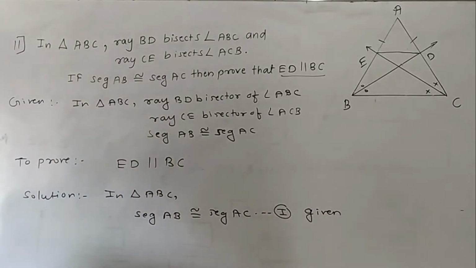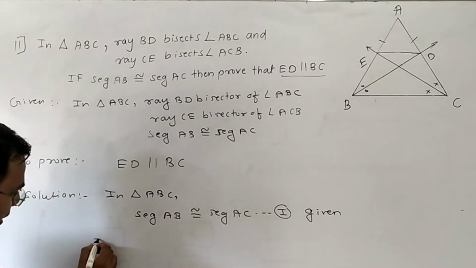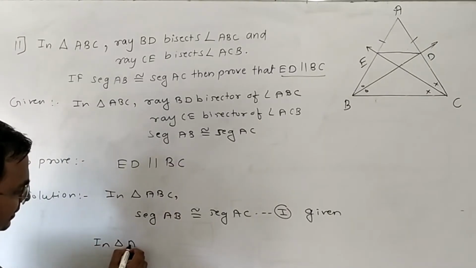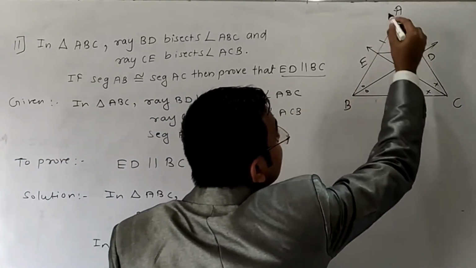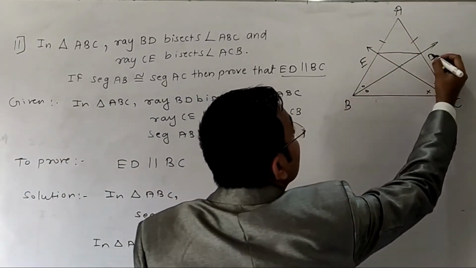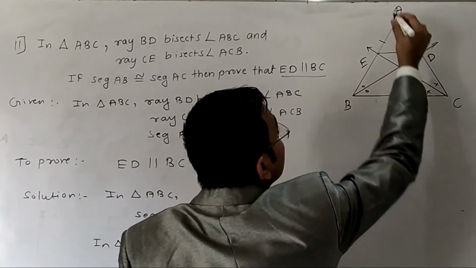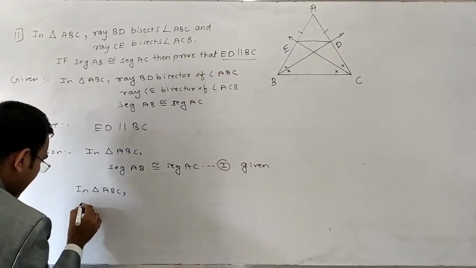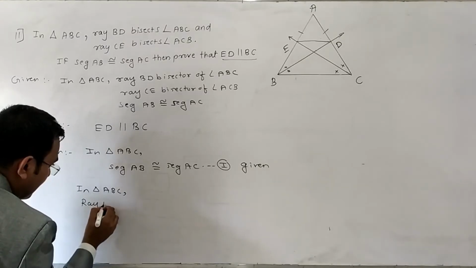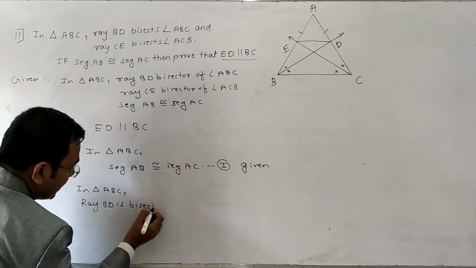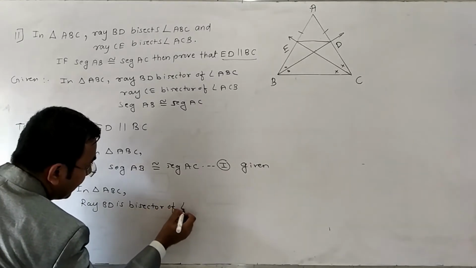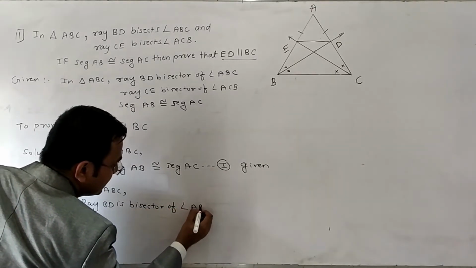So again, in triangle ABC, ray BD is bisector of angle ABC.